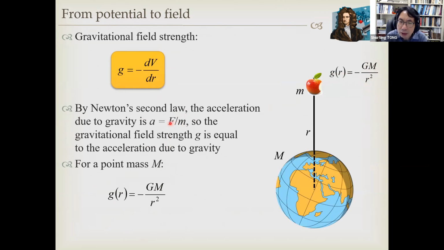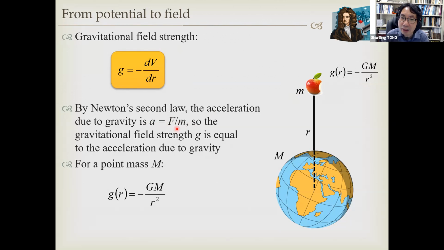But what is the force divided by m? By Newton's second law, it is just the acceleration, right? It is the acceleration on the apple due to the gravity. So the gravitational field strength is nothing but the acceleration due to gravity.